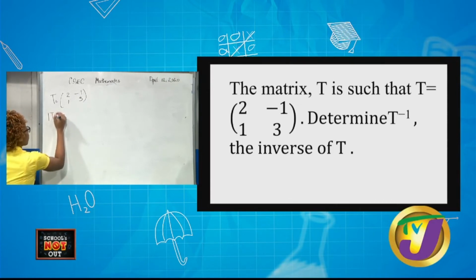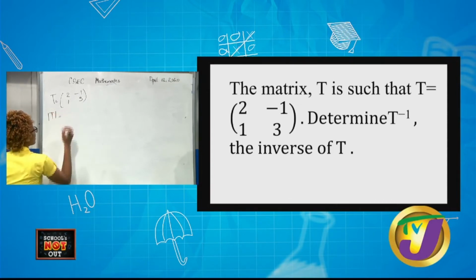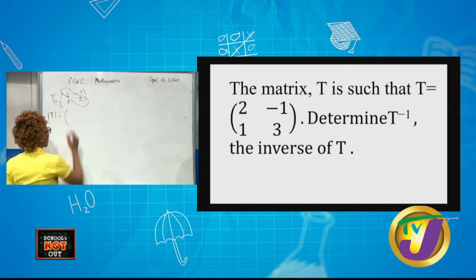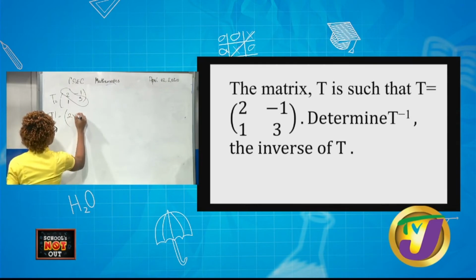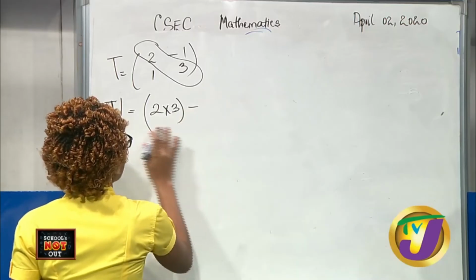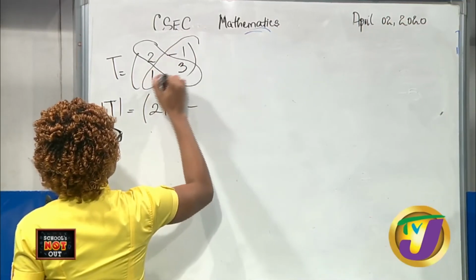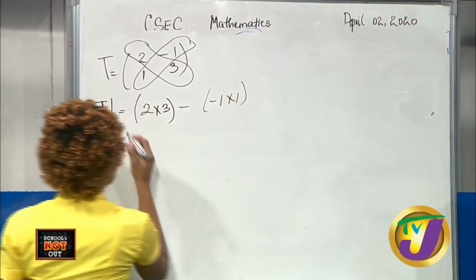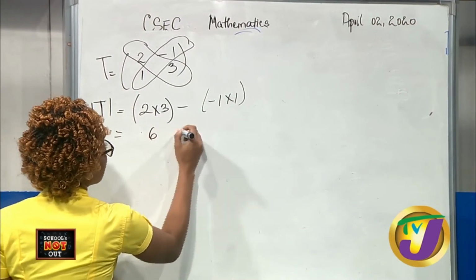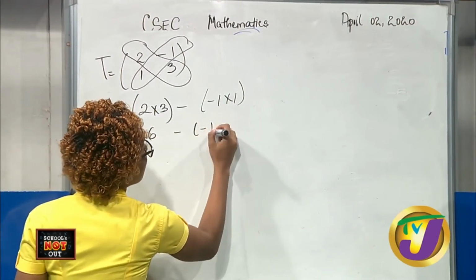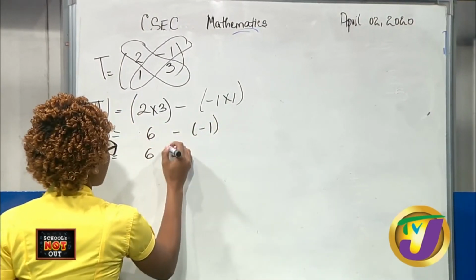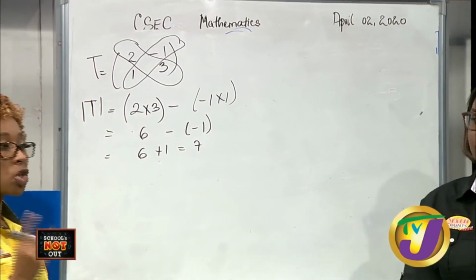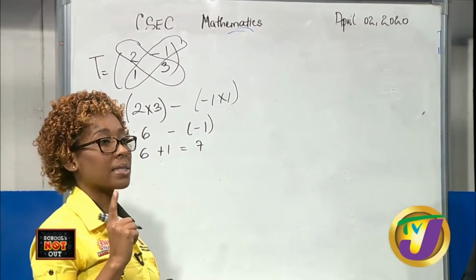You can also write the modulus of T, which gives us the product of the elements in our leading diagonal, which is 2 times 3, minus the product of the elements in our non-leading diagonal. So we are left with 6 minus negative 1, which gives us 6 plus 1. So we are left with 7. So our determinant for T is 7.